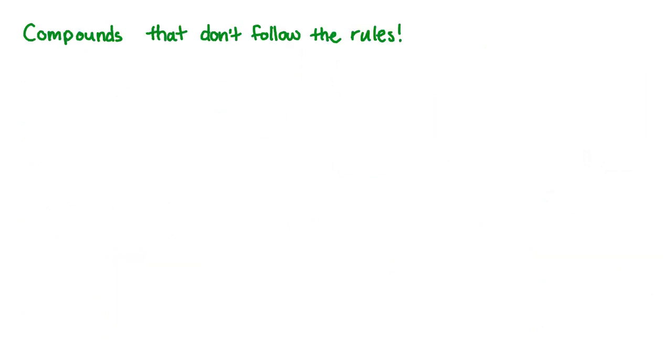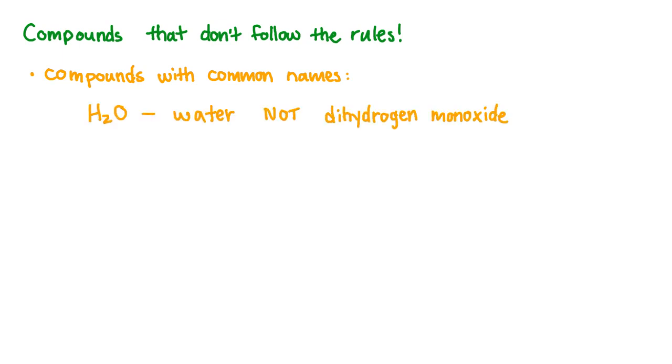So now that we've learned all of these different rules for naming compounds, it's worth mentioning that some compounds have names that just don't follow the rules. For example, there are many compounds that have common names. We've already run across one of these. H2O is always called water and not dihydrogen monoxide.